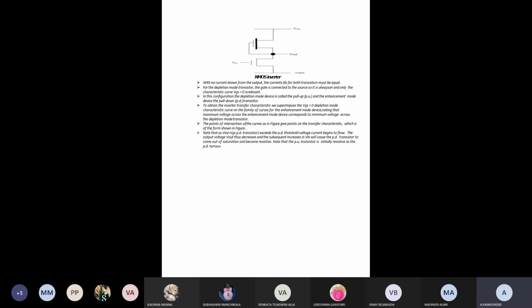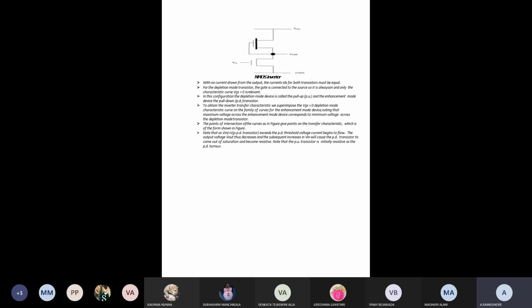Whenever Vin is equal to 0, there is no channel formation in the enhancement type transistor at the bottom side of the circuit. So it simply acts like an open circuit.